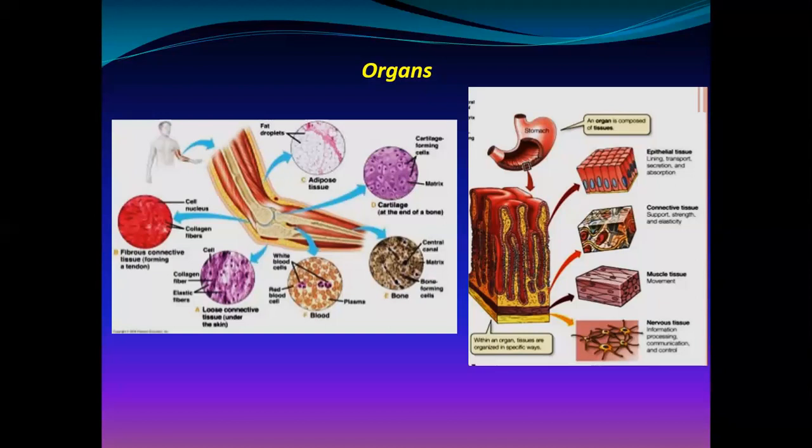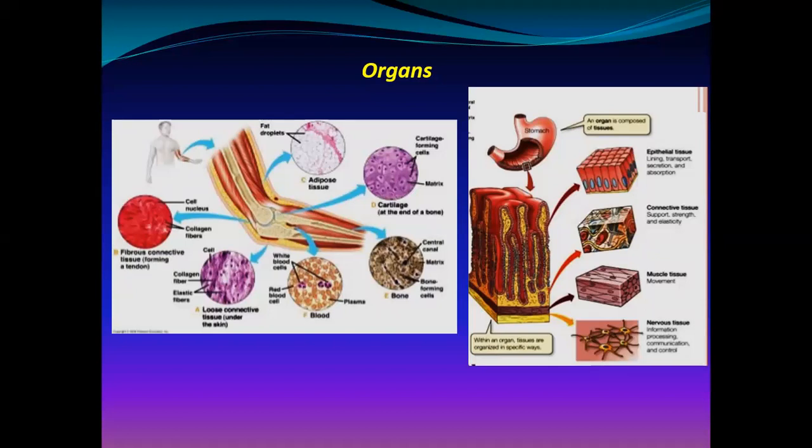And then subsequently, beneath that epithelial tissue, you can see the connective tissue that is giving support, strength, and elasticity. And beneath that is another layer called muscle tissue that is for the movement, right? The churning activity of the stomach, when the food is being taken up by the stomach for digestion, right?